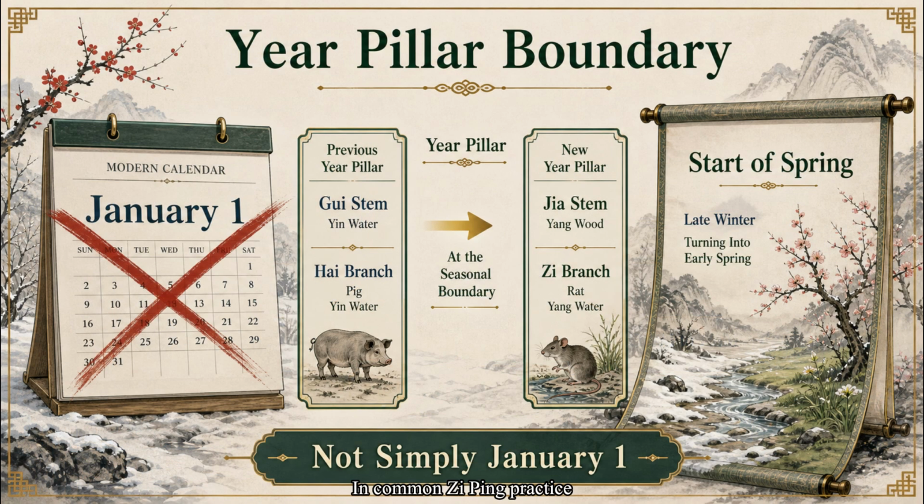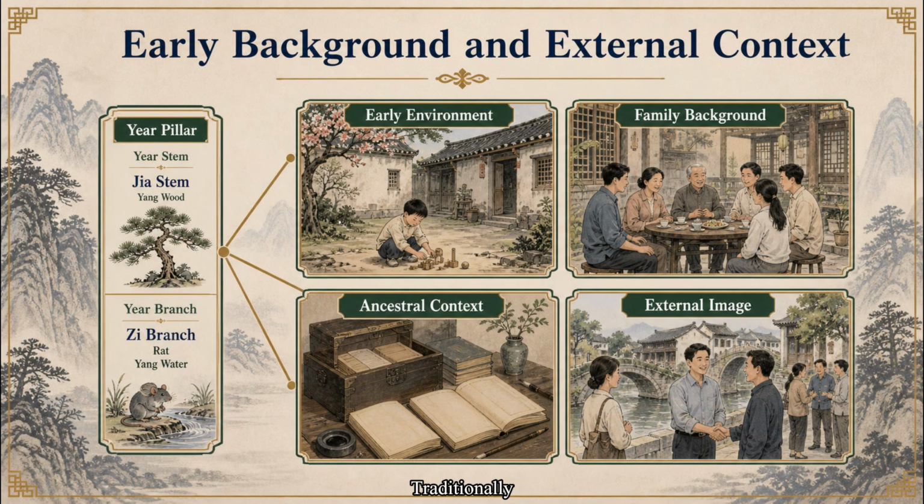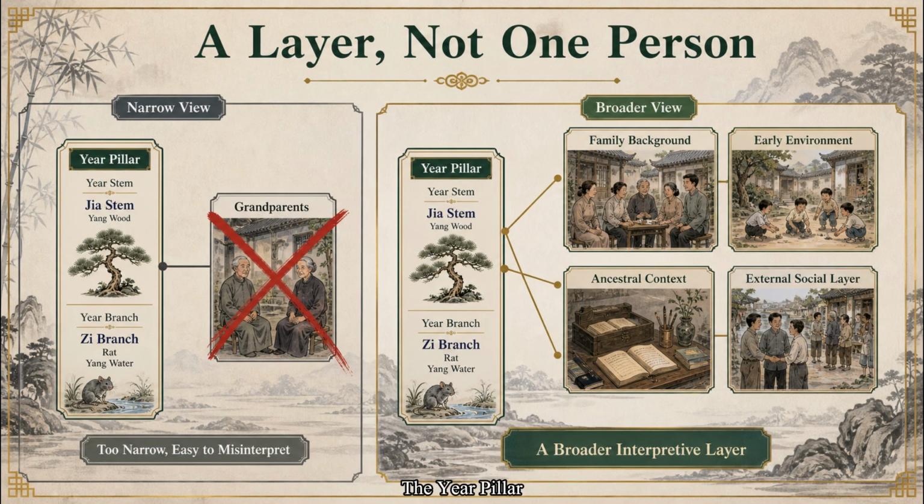In common Zi Ping practice, the year pillar does not normally change on January 1st. It is also not necessarily changed at Lunar New Year. Traditionally, the year pillar is often used to examine early environment, family background, and more external layers of life. The year pillar is an interpretive layer. It should not be mechanically reduced to grandparents alone.